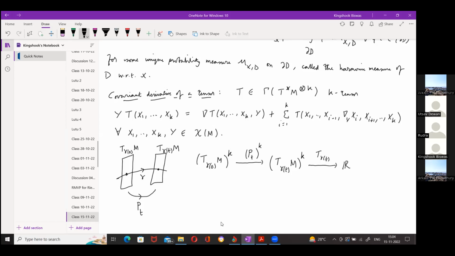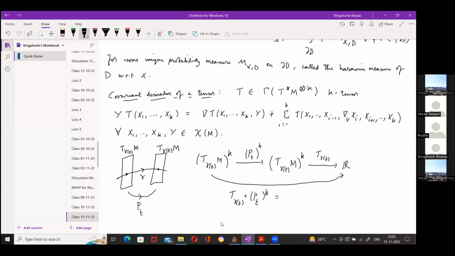So then I get a multilinear function defined on a fixed vector space, the tangent space at gamma 0. In our earlier terminology, this is T at gamma t composed with parallel transport to the power k.